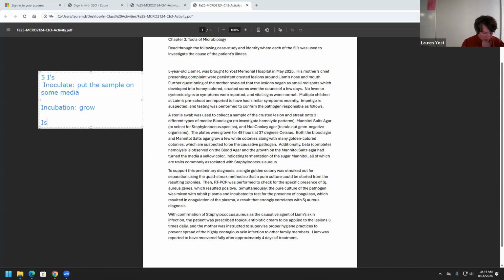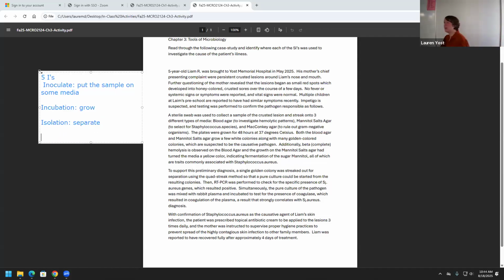The next step is isolation. Separate whatever's in the sample from other things. Let's say you suspect that you have MRSA. If I take a big old swab of your skin, is that just going to have the MRSA on there? No, because you have bacteria all over your skin. If you have a diarrheal disease, is salmonella the only bacteria in your diarrhea? No, you're going to have the E. coli and other things that are normally in your colon.